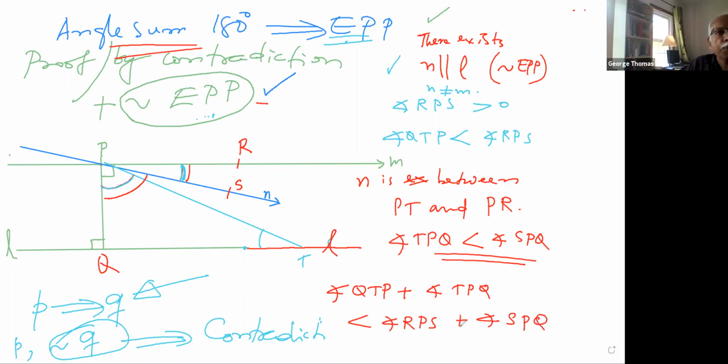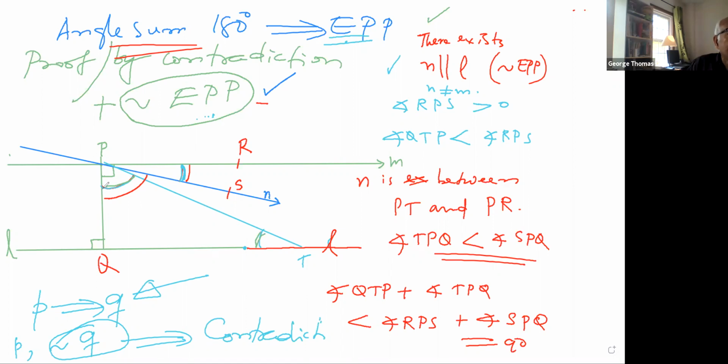But what is RPS plus SPQ? It is 90 degrees. That means that this angle plus this angle is less than 90 degrees.